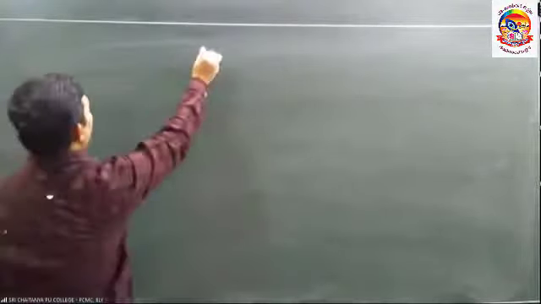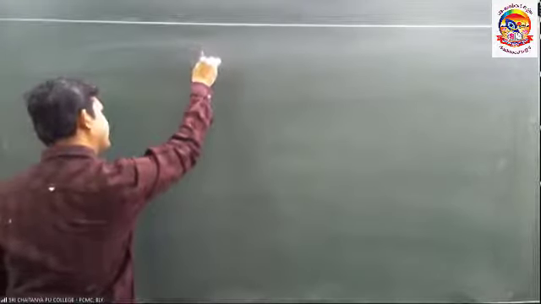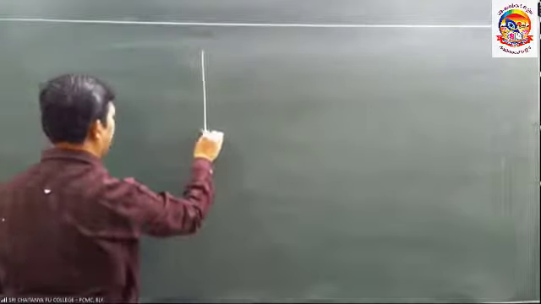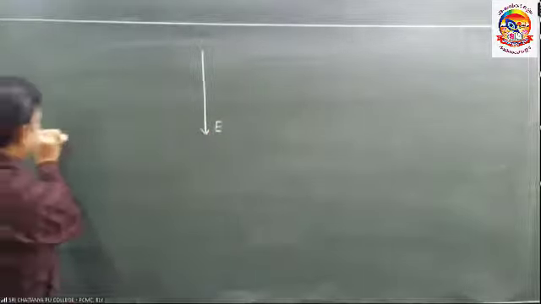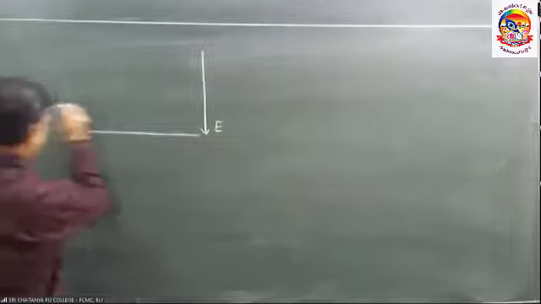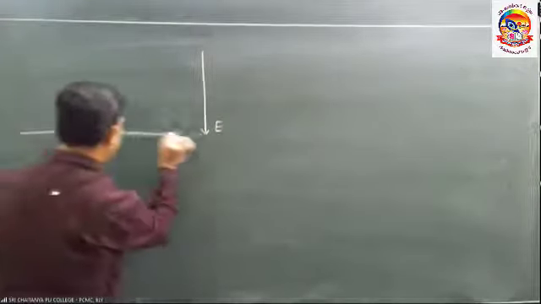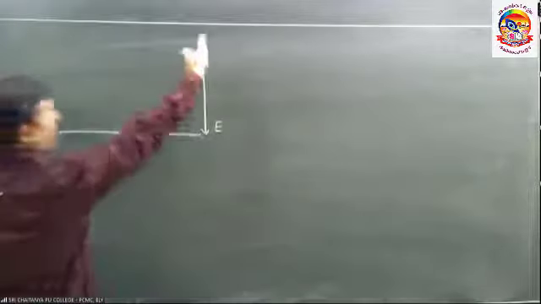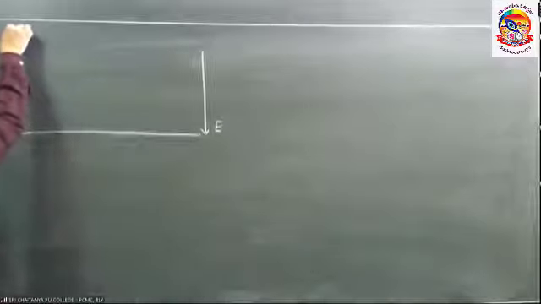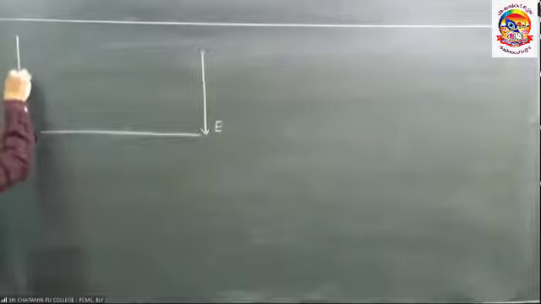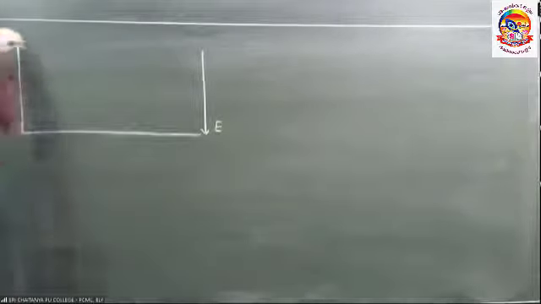Well, next. See here, same concept. The electric field is acting in this direction. This is the ground, meaning the reference level, on lower fields. Field acting in this direction. This is vertical.